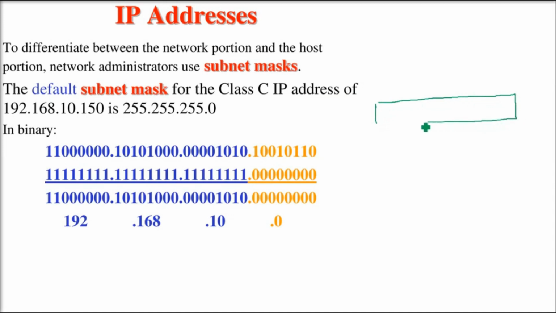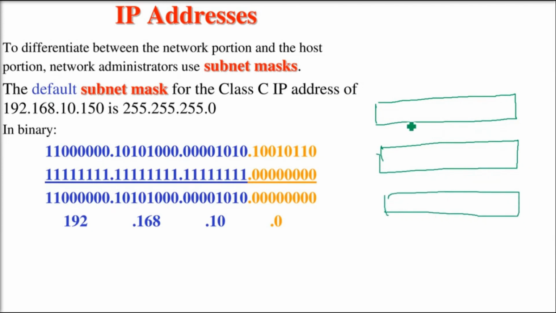As I said, D is for group broadcasting and group emailing, and class E is for military purposes. So A, B, C we are taking. For A, the first octet is N, network, and the others are H, host. For class B, 2 are network, 2 are host. For C, 3 are for network and 1 is for the host.